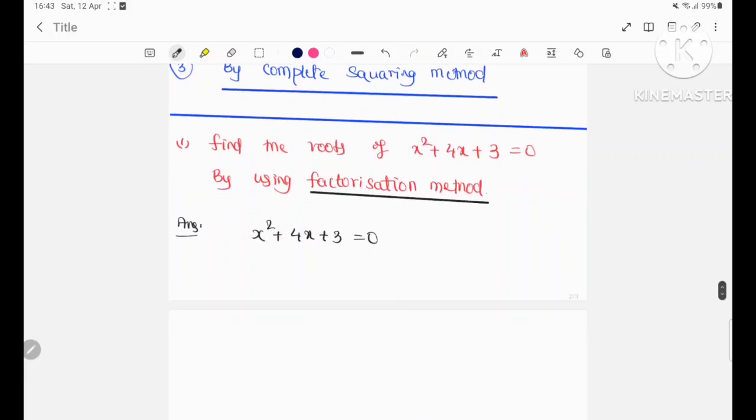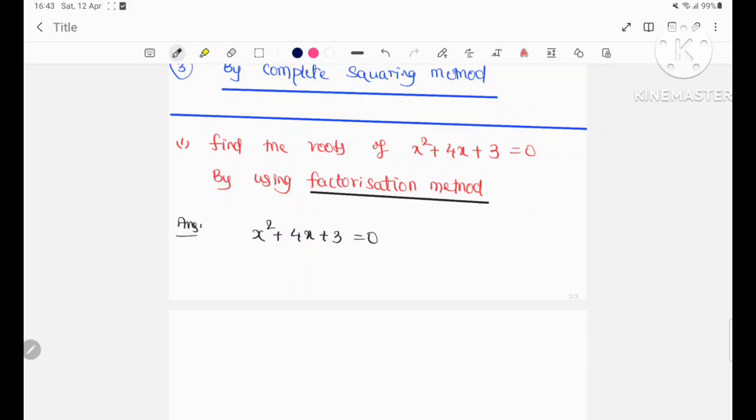First we have to observe whether it is in standard form or not, that means x square term, next x term, next constant term. If these 3 terms are present, factorization is possible, otherwise not possible, and you have to go another way. When the quadratic equation is given, we should write it in this manner, from highest degree to least degree.